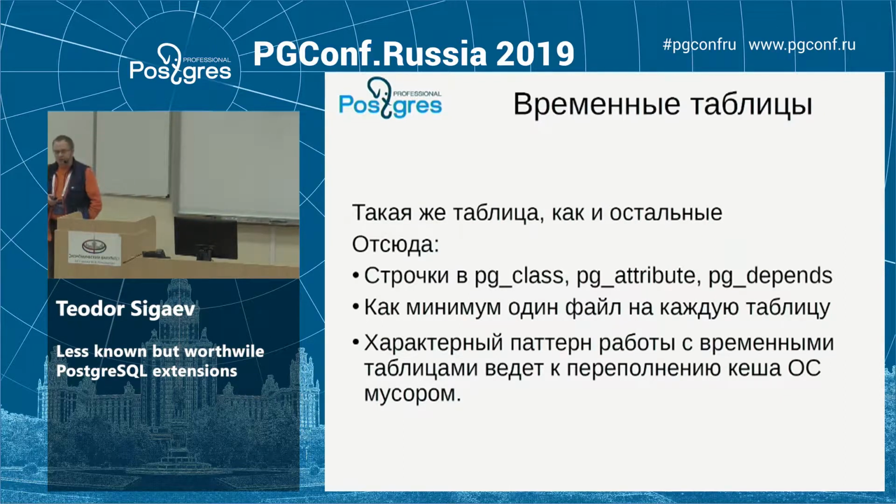Temporary tables can be used for that. But temporary tables in Postgres are first-class citizens, classical tables where system catalog records are made, in pg_class, pg_attribute, and others.